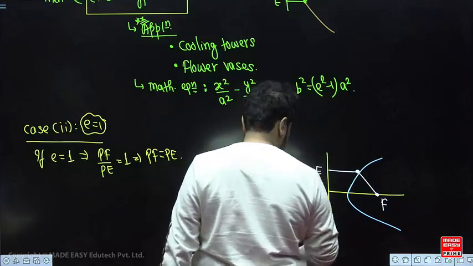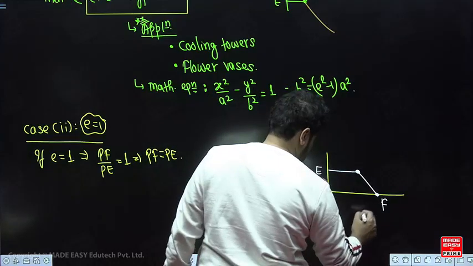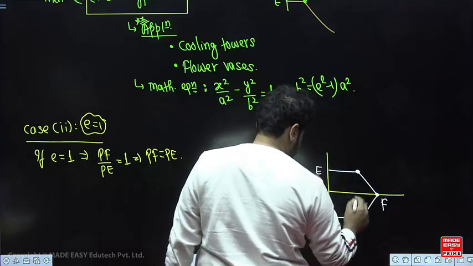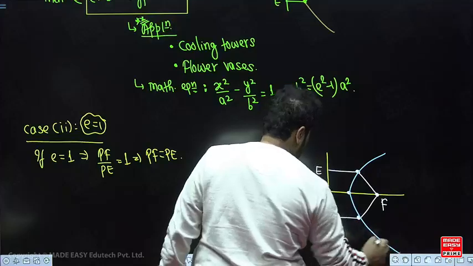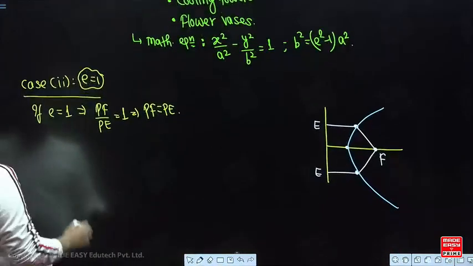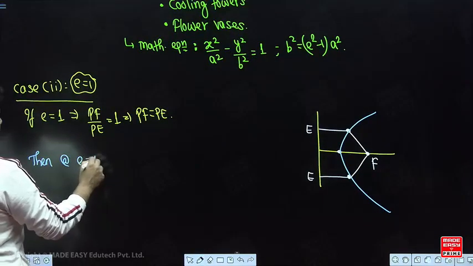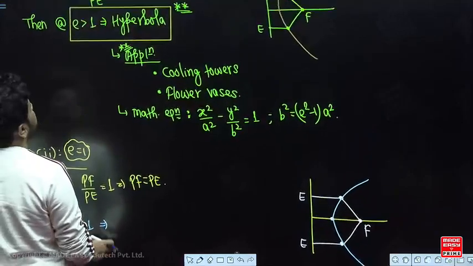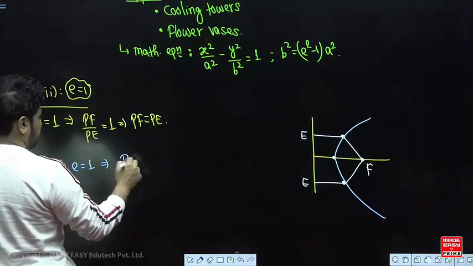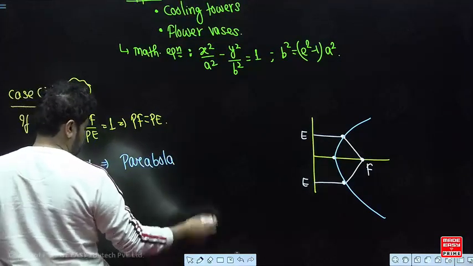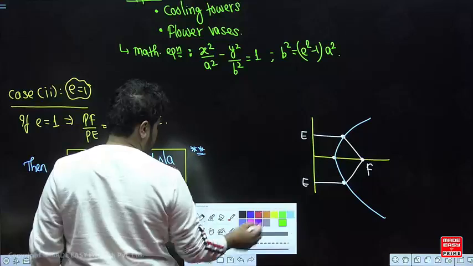This is E, right. So then at E is equal to 1, the conic is called parabola. This conic is called parabola, correct?